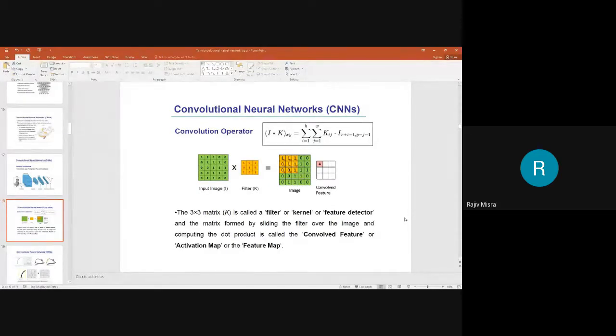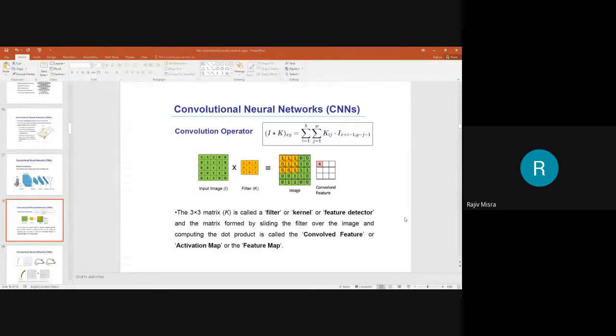The filter has 1 0 1 0 1 0 1 0 1. When you place it on the input image, what you will find is that 1 1 1 0 1 1 0 0 1 is already written. Now you have to perform the mathematical operation, which is the dot product.